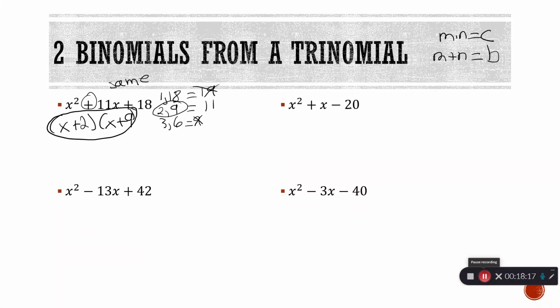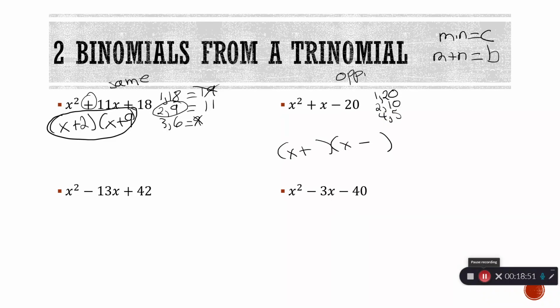Okay, let's look at our next one. We have a negative 20, so that means they're going to be opposite signs. And B is positive, so that means the bigger of the two numbers is going to be positive. So let's look at the factors of 20: 1 and 20, 2 and 10, 4 and 5.